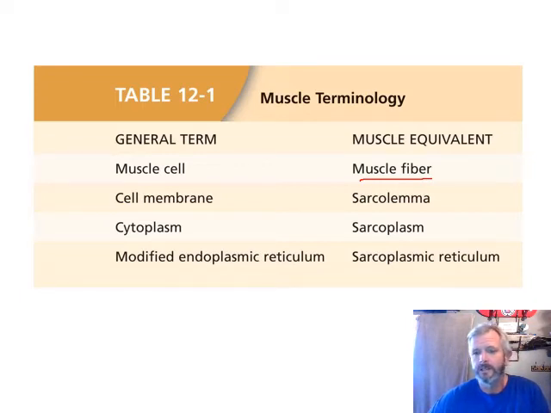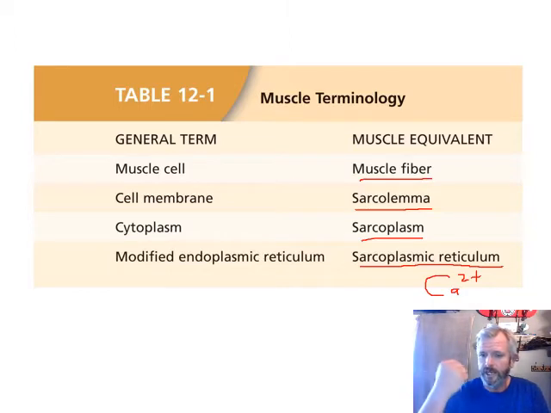The cell membrane is termed sarcolemma, the cytoplasm, sarcoplasm, and then this specialized endoplasmic reticulum in the muscle is called the sarcoplasmic reticulum. We're going to see this is a place in which we have stores of calcium, because calcium is going to be important in producing the contraction in our skeletal muscle, in our muscle fibers.